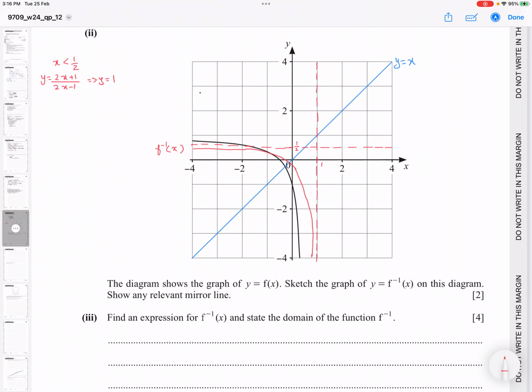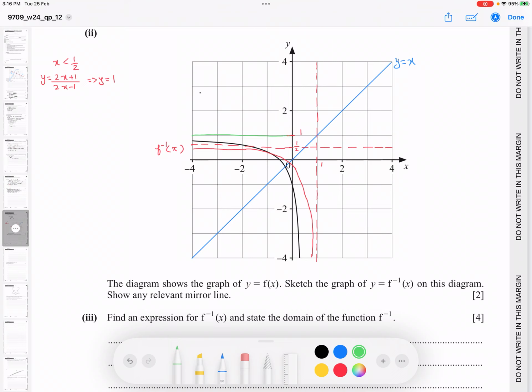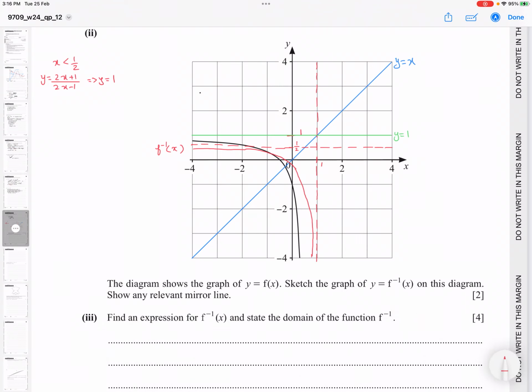Will be our horizontal asymptote. y is equal to 1. You can say this is over 1, and let me draw it with the green line. Actually, this is our asymptote for the f of x. y is equal to 1. How we get it, I explained it to you. And we can say for range y is less than 1.